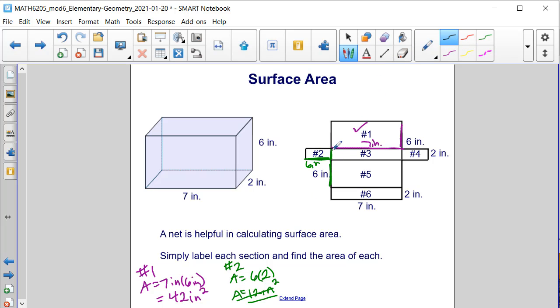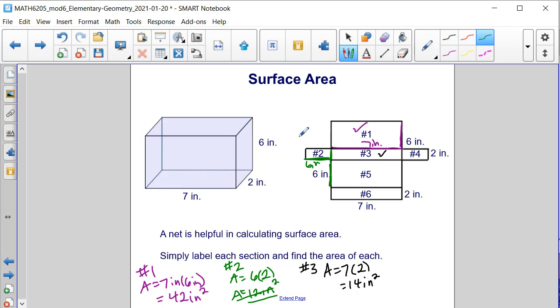Now let's look at area 3 right here. Its length is the 7 inches and its width is 2 inches. So area number 3, area equals 7 times 2, which is 14 square inches.